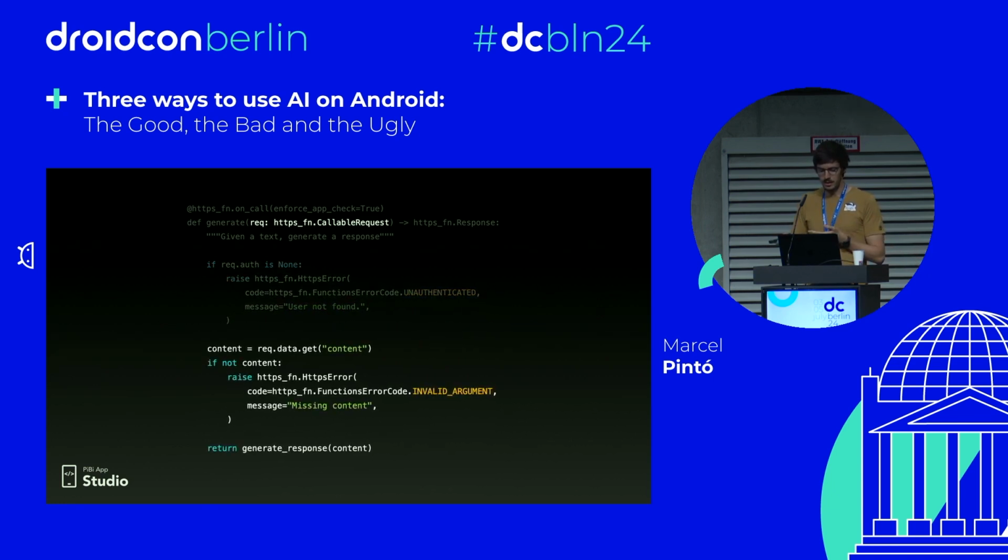Then we get the request data, and we can validate as well that the data is valid, that they are not trying to do some weird injection and so on. And then we use any of the tools to do the actual calling to the AI services. Here we can have a fallback mechanism, we can have error handling and all this stuff.